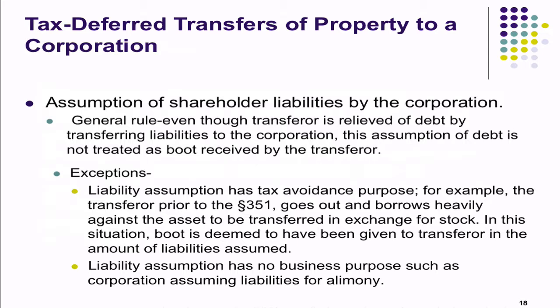And now the corporation has the obligation to pay alimony for me. Again, that won't fly. Liability of what the service would consider to be personal, non-business assets, or the corporation assuming the liabilities won't fly, and the 351 would fall apart if I were the only stockholder based on that.